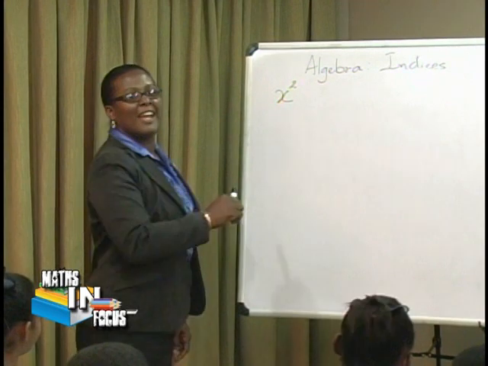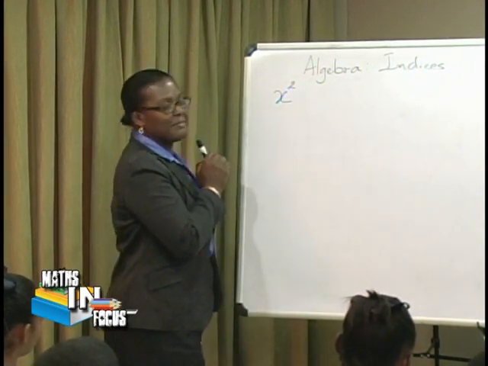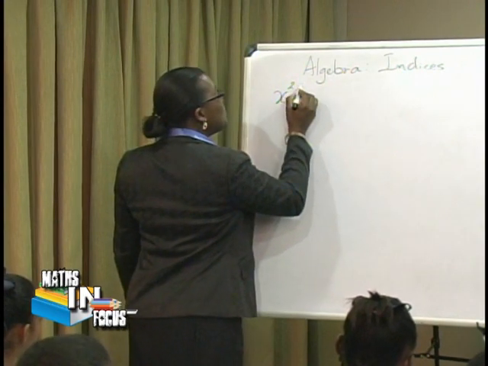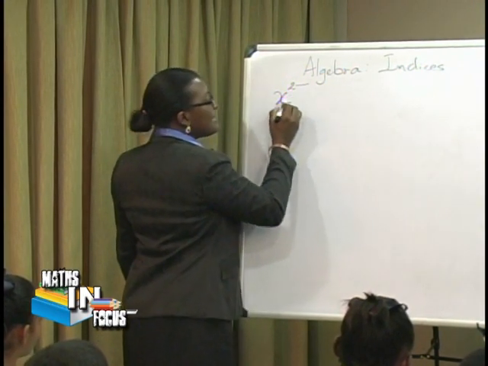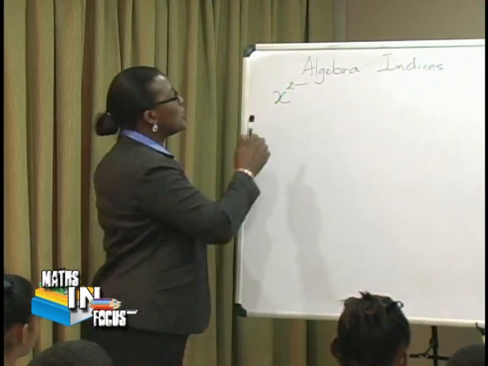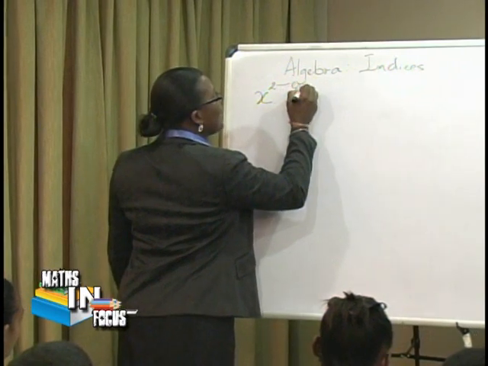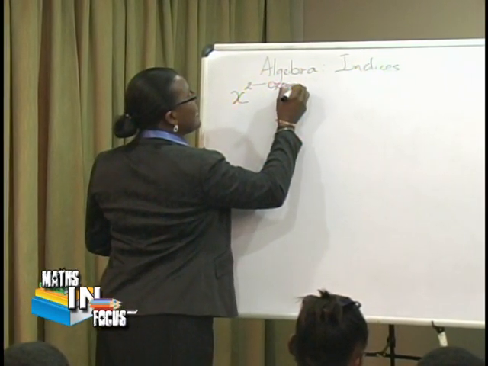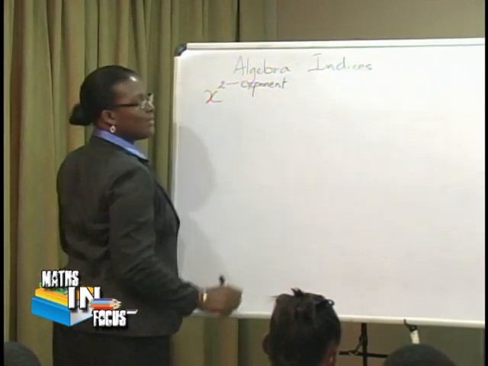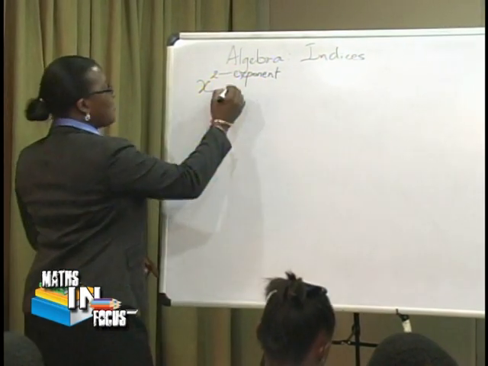Now let us try to identify the different parts of this term. The x is looking up to the 2, so we can call the 2 the exponent. Very good. We can also call the 2 the power.